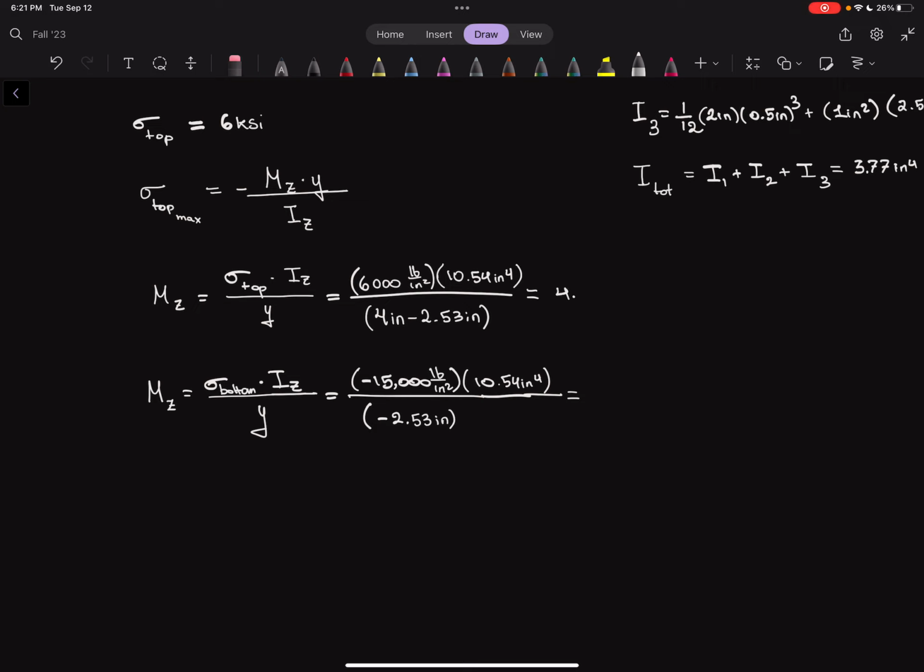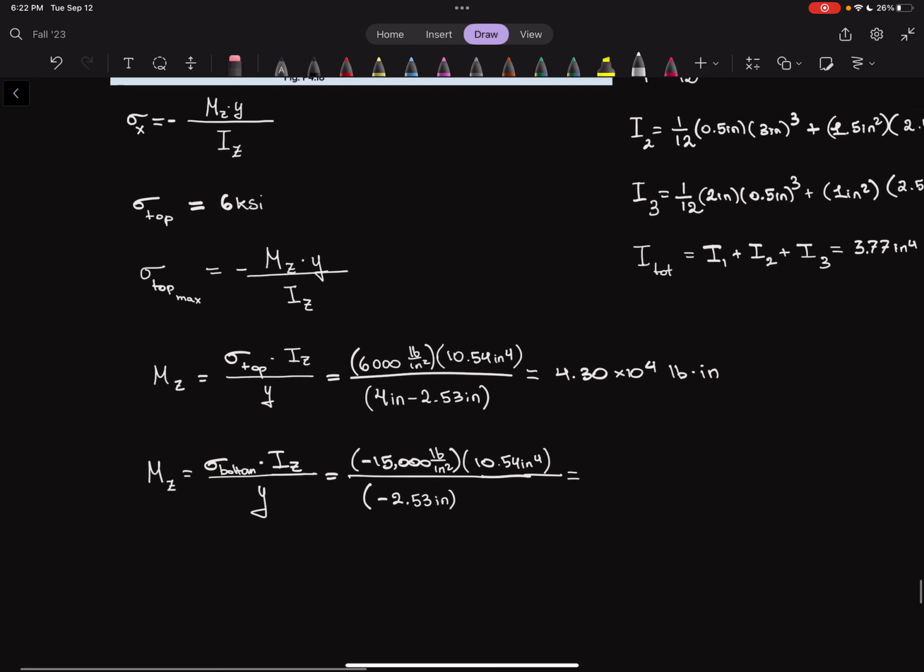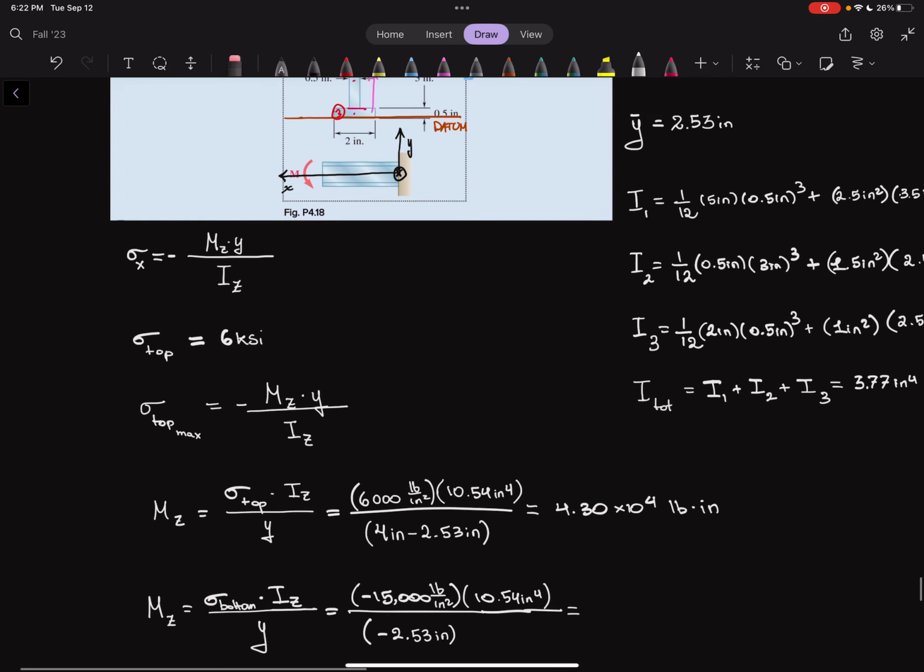I'm just leaving it in scientific notation. The units are pounds times inches, and it's in the positive direction.